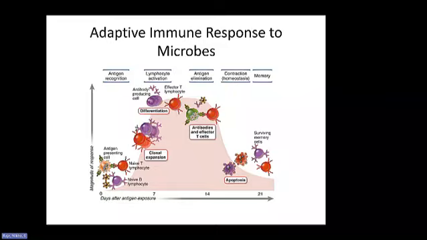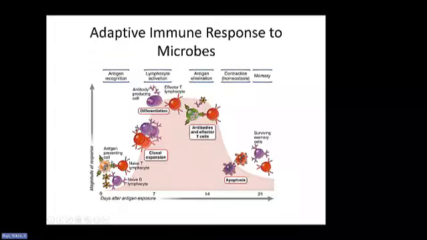When we talk about the adaptive immune response to microbes, there are various stages of the immune response. So think about the initial step where there is antigen recognition. This is initially when that antigen enters the body and comes across the lymphocytes.